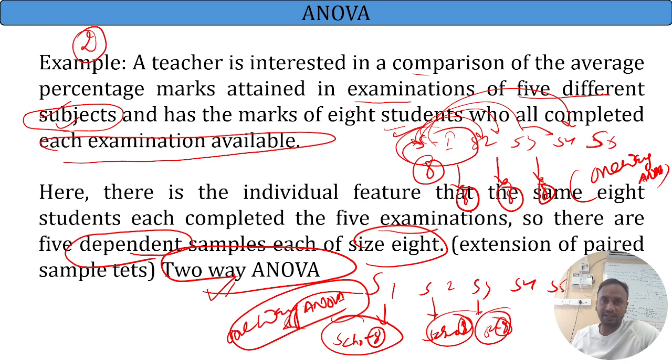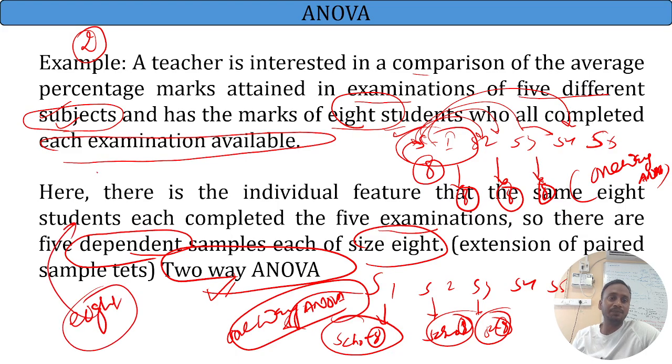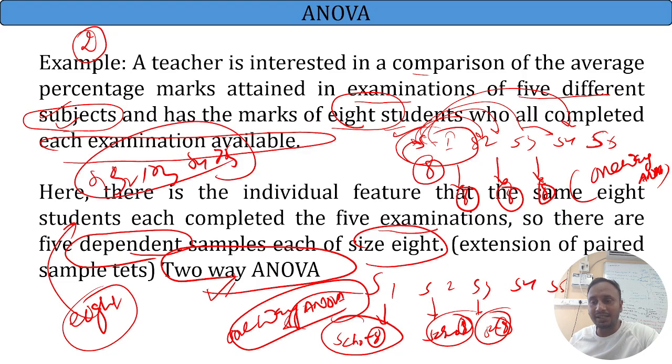But here, all eight students took all of S1, S2, S3, S4, S5. So it's a paired, dependent design, which means we can go for the two-way ANOVA. Is it clear?